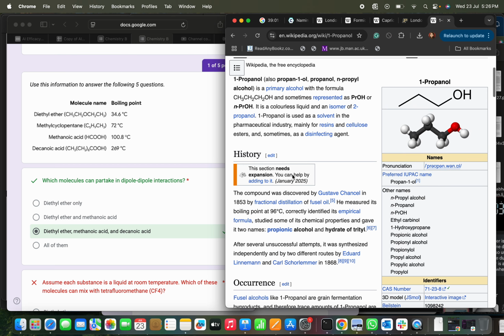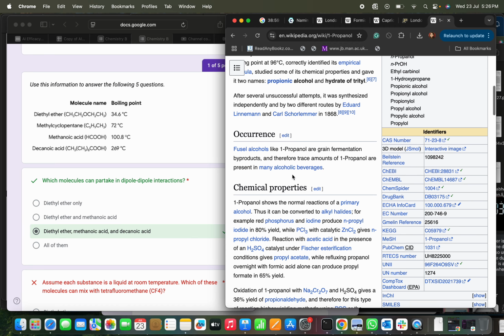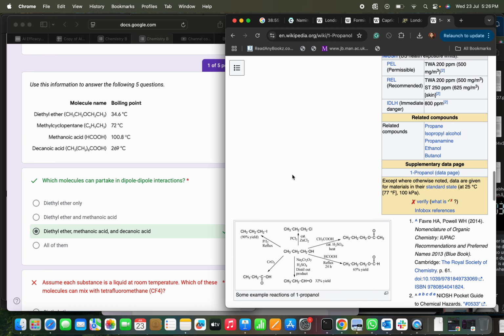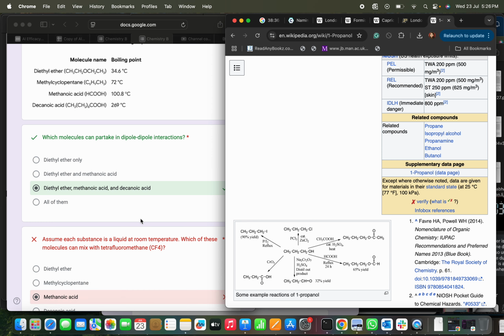So propan-1-ol, so there's no chemical compound there. CH3, CH2, CH2OH. It's pretty tough.